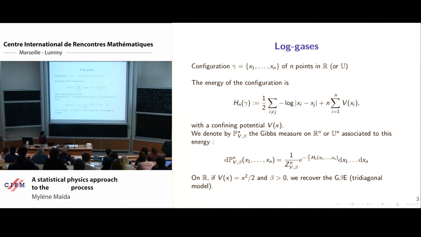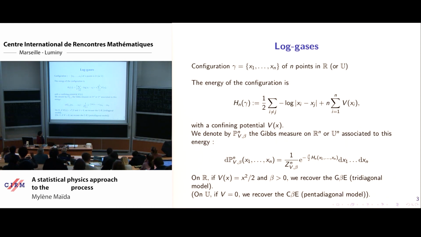In particular, if I take the quadratic potential, of course, we recover the Gaussian beta ensemble, and we know that there is a tridiagonal model, which is due to Dumitriu and Edelman. And if we are interested in the C beta ensemble, then you have to consider the interaction on the unit circle without potential. We also know that there is a pentadiagonal model due to Killip and Nenciu. Okay, so this is the general framework.